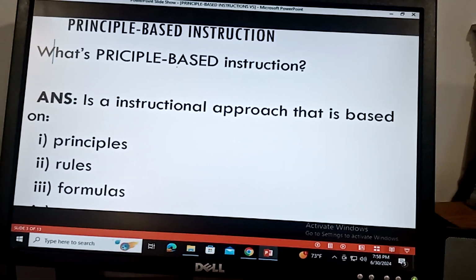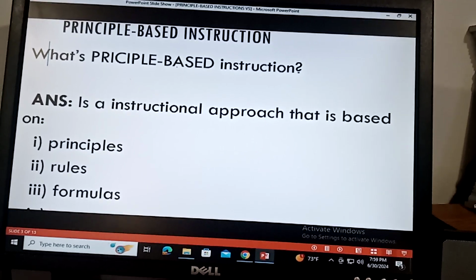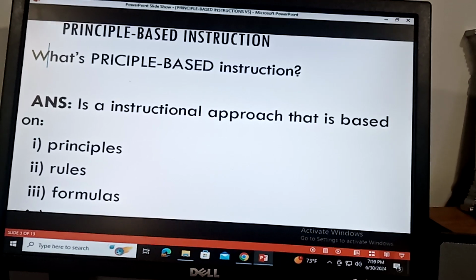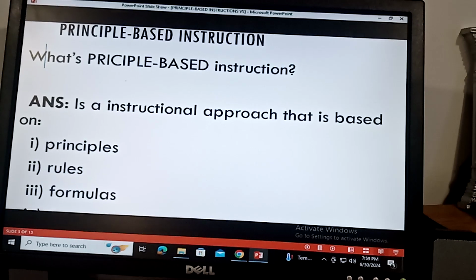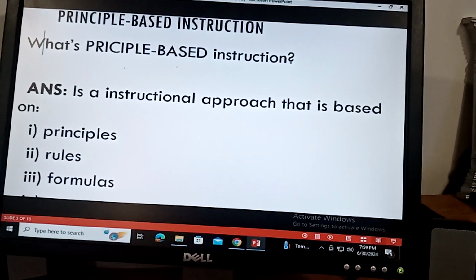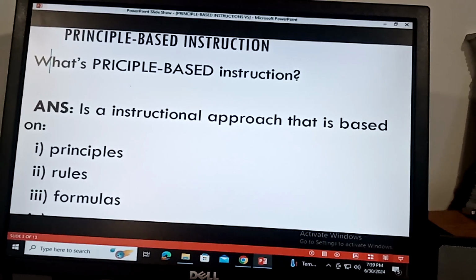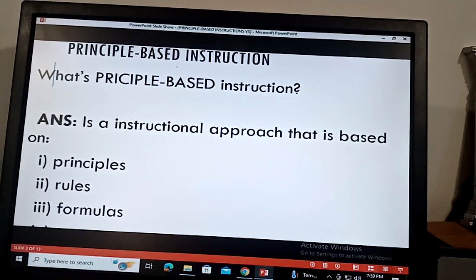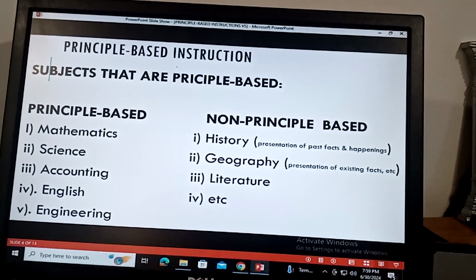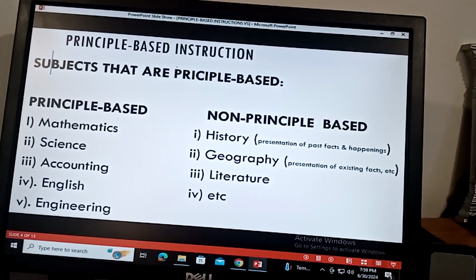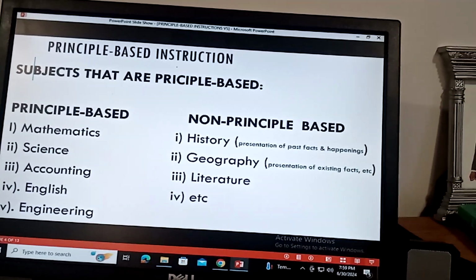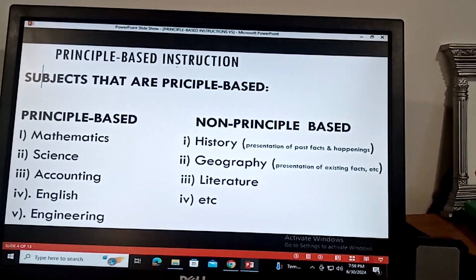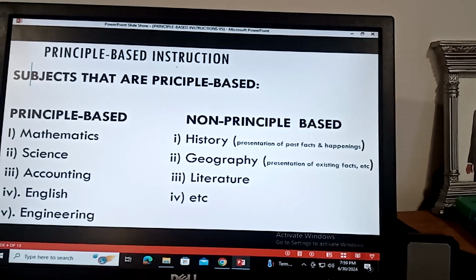Now let's also look at what is called principle-based instructions. Principle-based instruction is an instructional approach that is based on principles, rules, formulas, etc. Here are some examples of disciplines that utilize principle-based instructions.